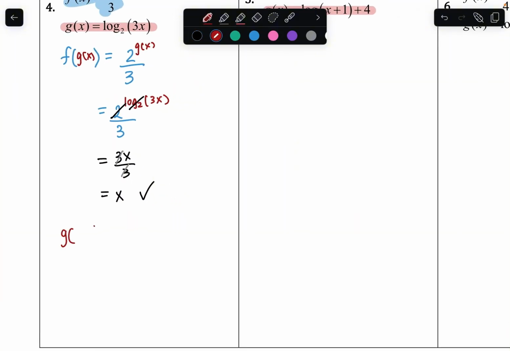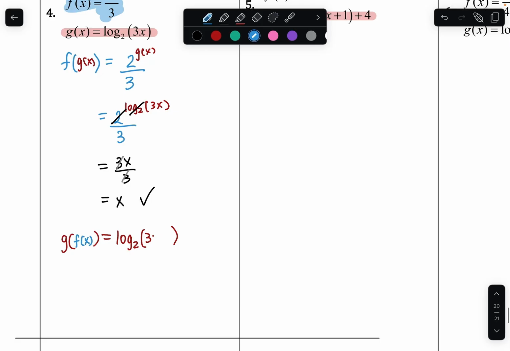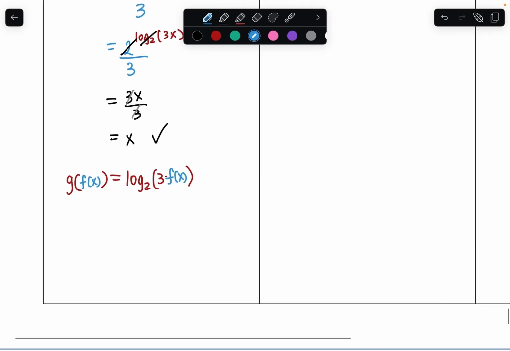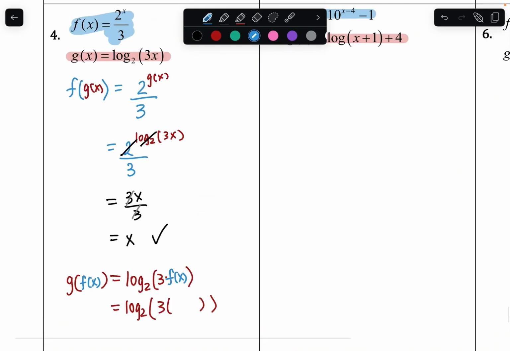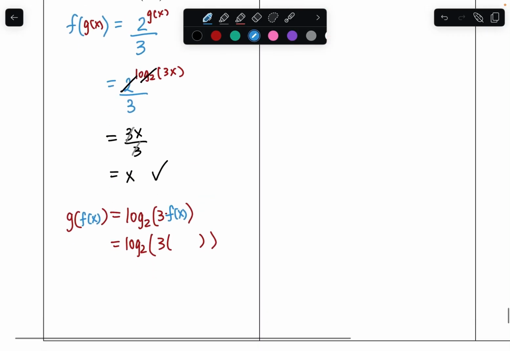For the second direction, g is the outside function, and its rule is log base 2 of 3 times x. And so we're putting f of x where x used to be. So in my next step, I have log base 2 of 3 times whatever the rule for f of x was, which is 2 to the x over 3.